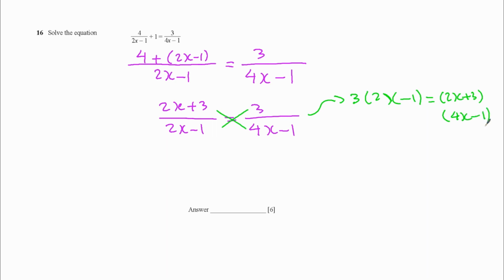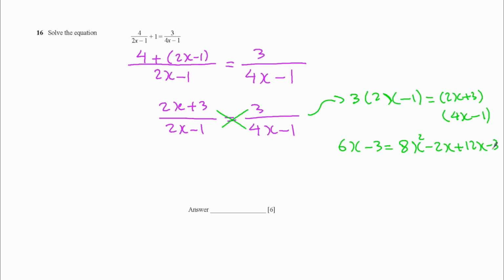So that would be 6x minus 3 equals 8x squared minus 2x plus 12x minus 3. So I'm going to take what we have in the left to the right and equate it to 0. So the standard form would be 8x squared.